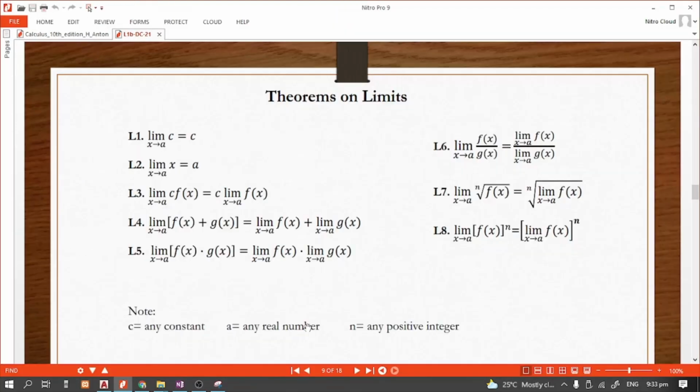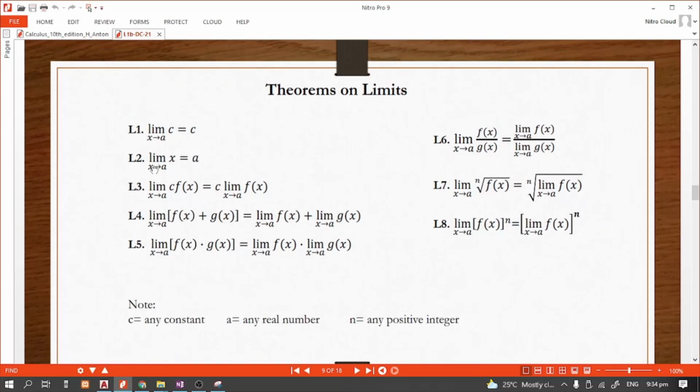And then yung a natin is any real number and then n is any positive integer. So kumbaga dito yung theorem natin is sinisimplify lang niya, so the limit of x as x approaches a is equal to a, and then the limit of c times f of x.